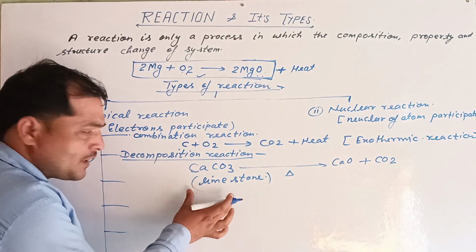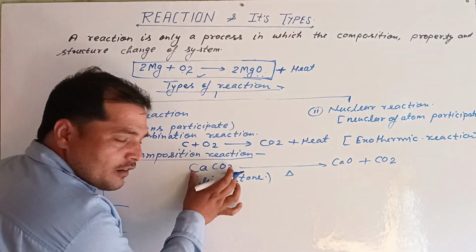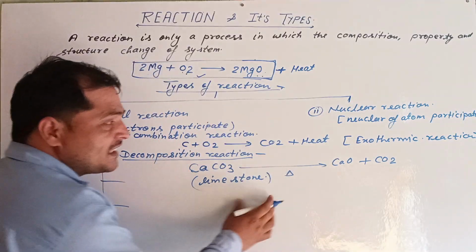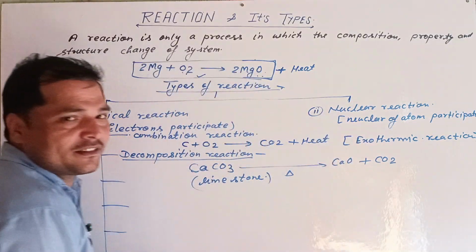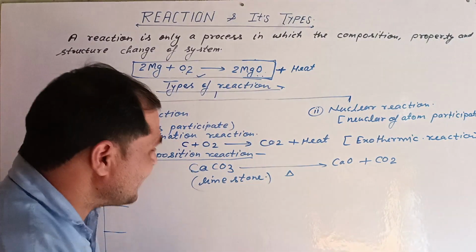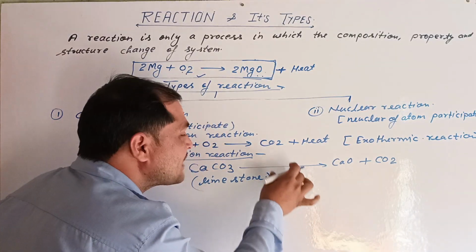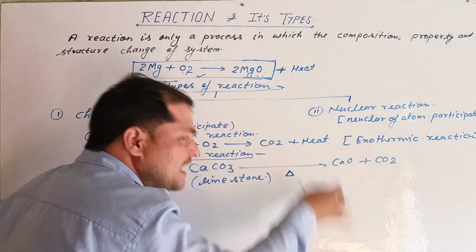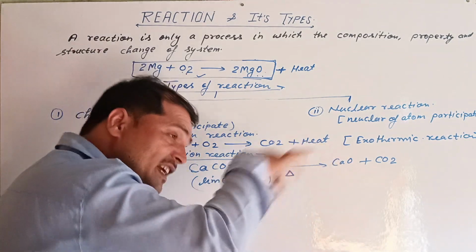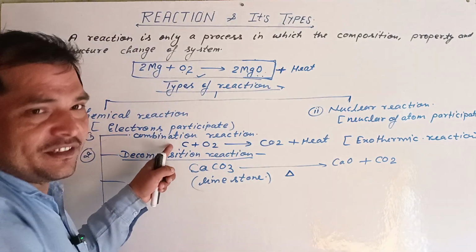In this reaction, you can see that calcium carbonate is a single compound, and when we provide heating energy to it, it is decomposed into two main parts. This reaction is taking heating energy, it is not producing heating energy like a combination reaction.